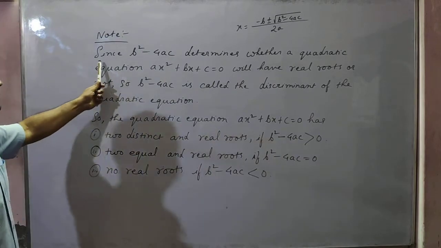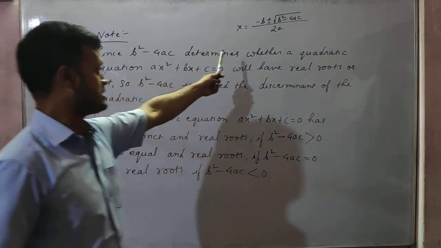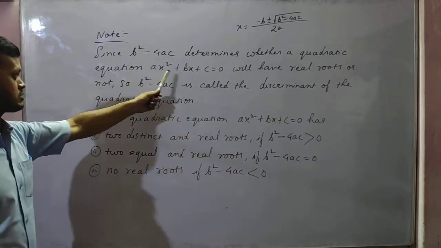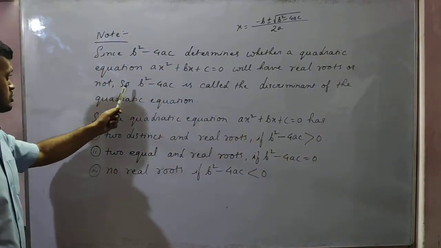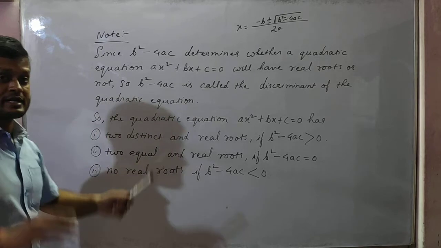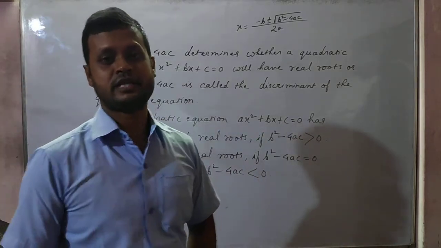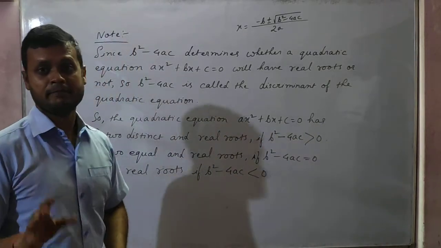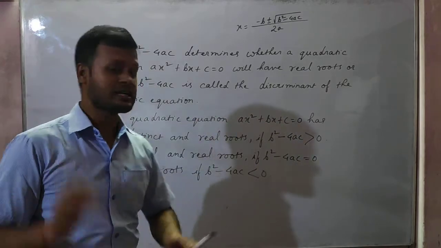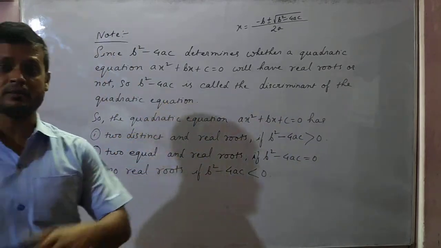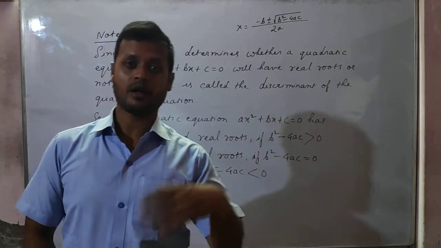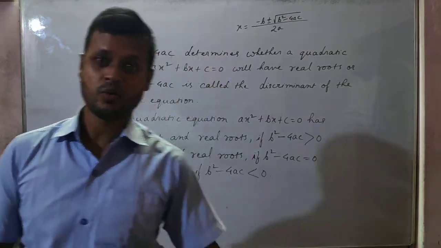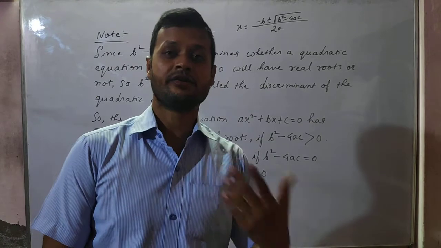So here what I wrote, you see, since b square minus 4ac determines whether a quadratic equation ax square plus bx plus c is equal to 0 will have real roots or not, b square minus 4ac is called the discriminant of the quadratic equation. For this reason only, it is called the discriminant. What is the meaning of discriminant? Discriminant of a quadratic equation determines whether a quadratic equation will have real roots or not.